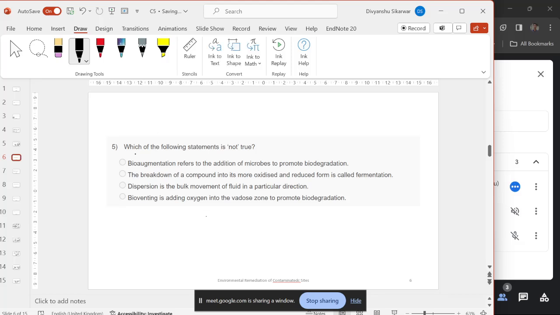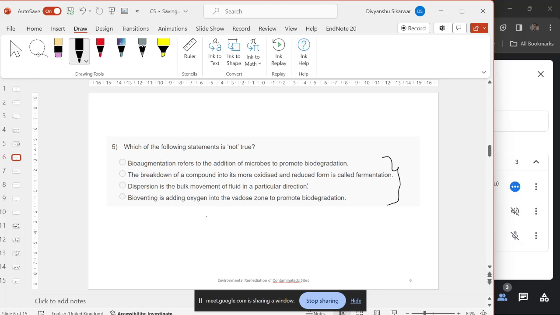Next problem: pick the statement which is not true. We have four statements.